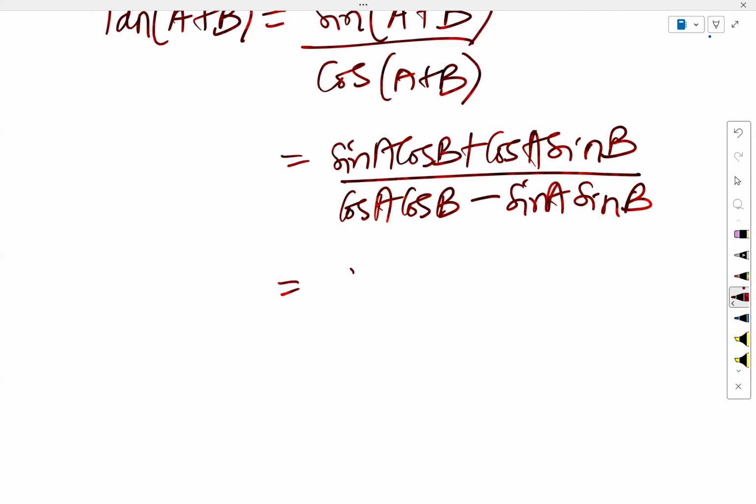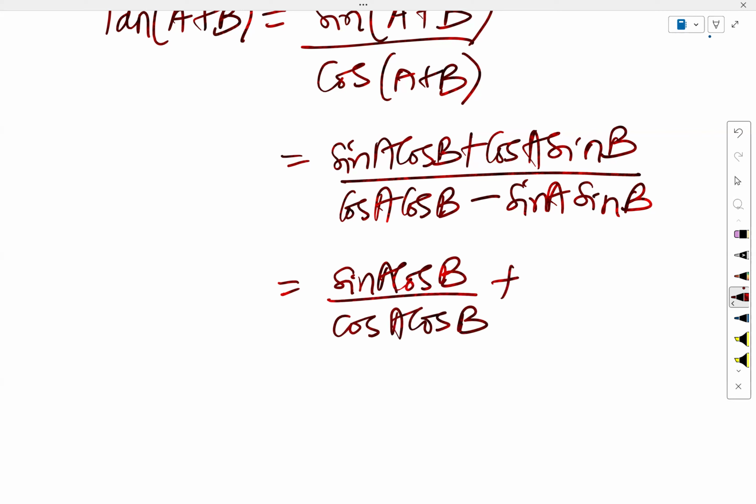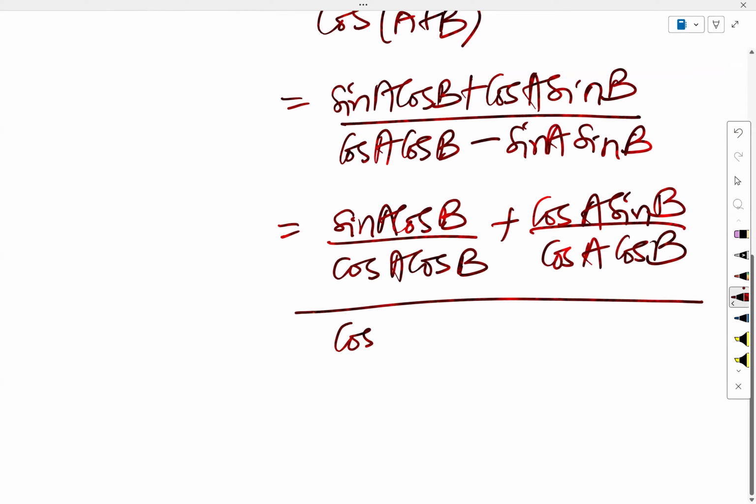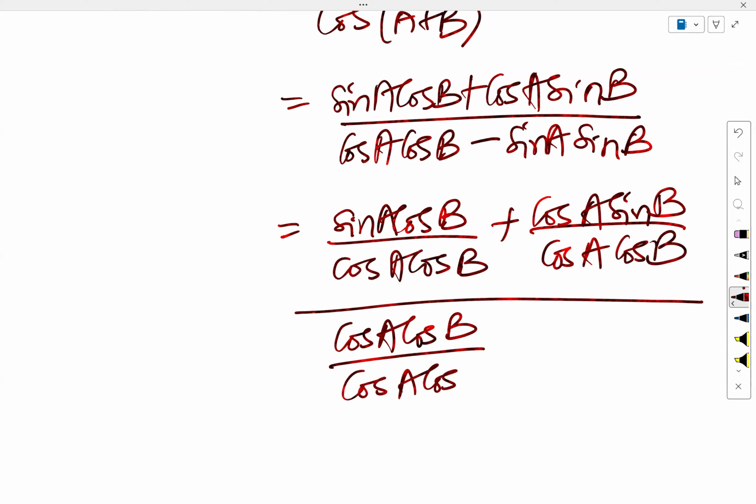So we go ahead and say this is sin A cos B divided by cos A cos B, plus cos A sin B divided by cos A cos B. And down here, you have cos A cos B divided by itself, then minus sin A sin B over cos A cos B. We chose cos A cos B because we are guaranteed to have cos under cos as denominator. So the worst that will happen is cos can cancel cos, and when we have sine over cos, we can get tan.